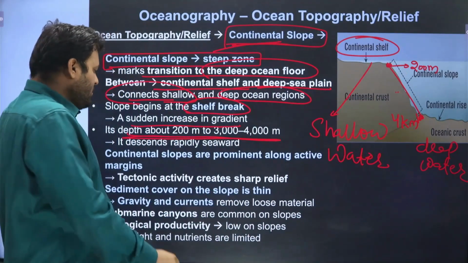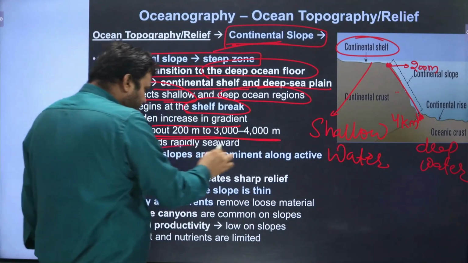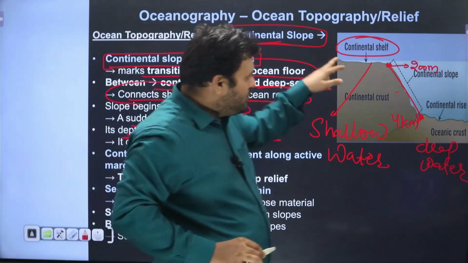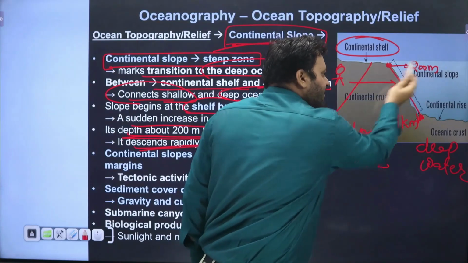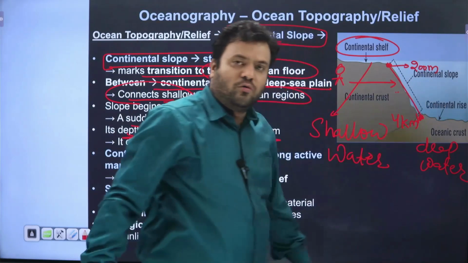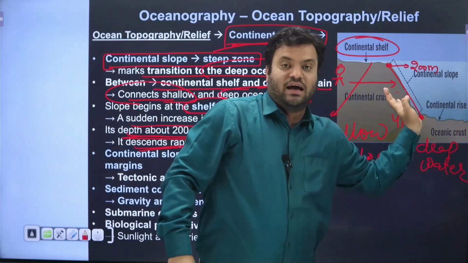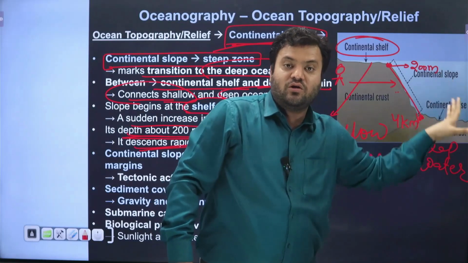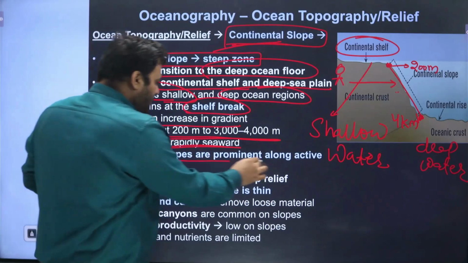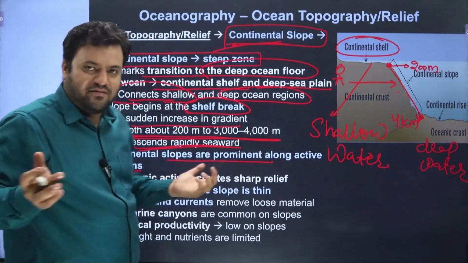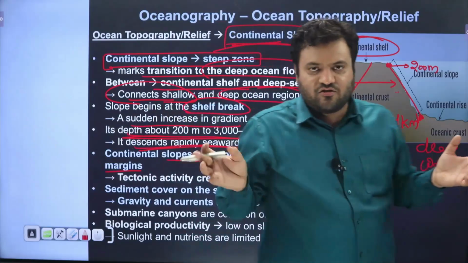It descends rapidly seaward. If you move from the continents, or the coastline, towards the sea, it will have a slope alignment seaward, so as you move into the sea, it gets steeper and steeper. Continental slopes are prominent along active margins. It is the same aspect we have learned so far.